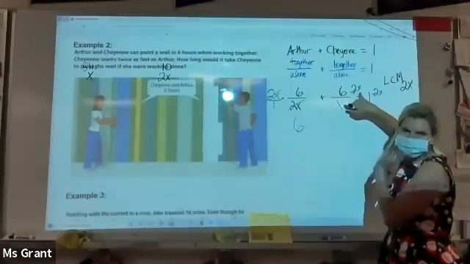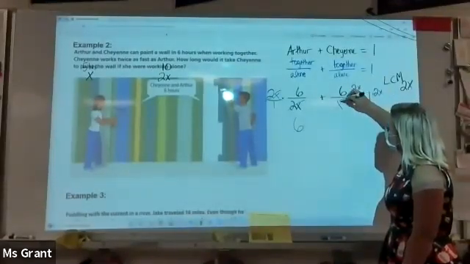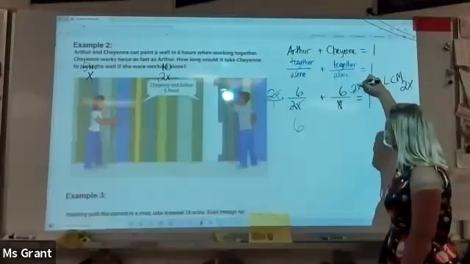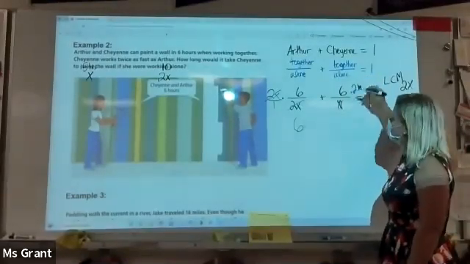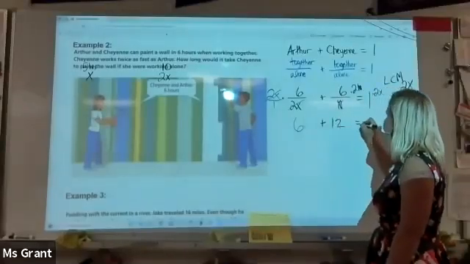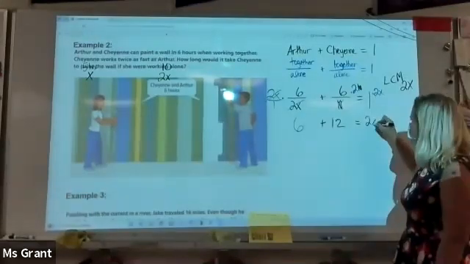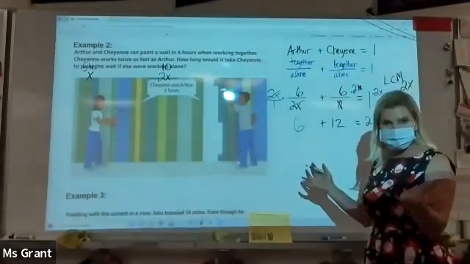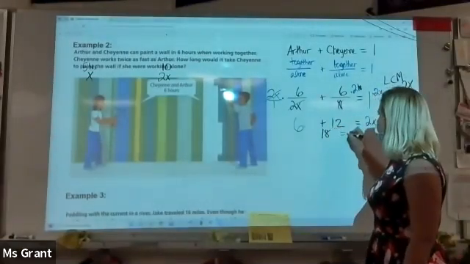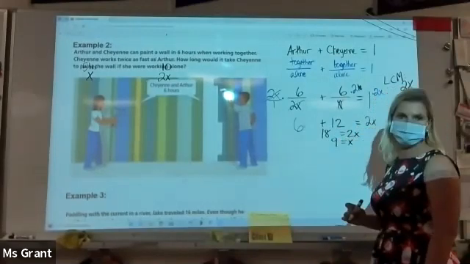This has a 2X. Well, this X can cancel with just this X. The 2 stays, the 2 remains. 6 times 2. 1 times 2X. 2X. So 6 plus 12 is 18 equals 2X. X equals obviously a 9.